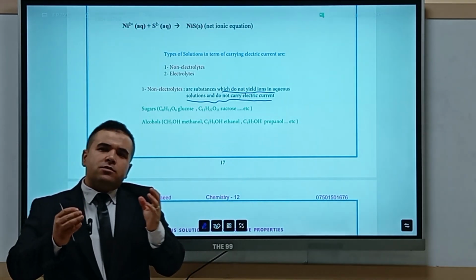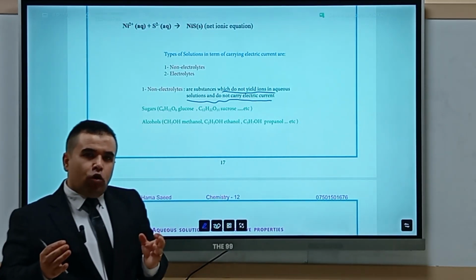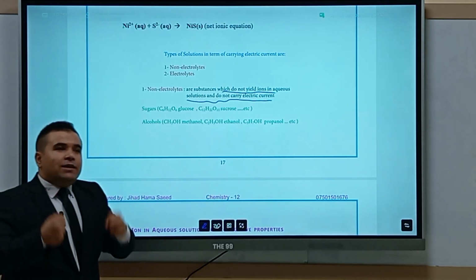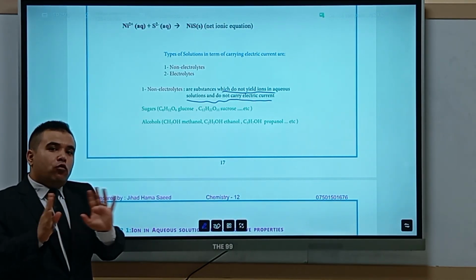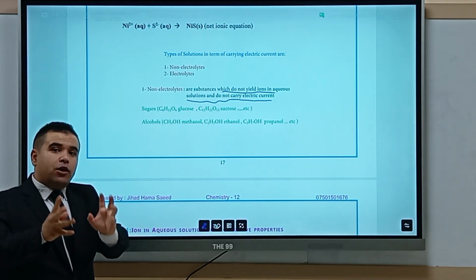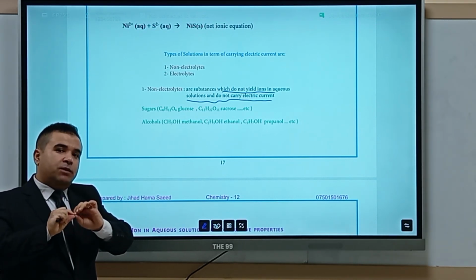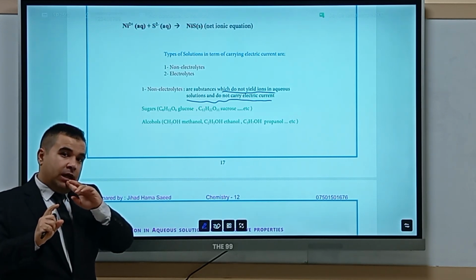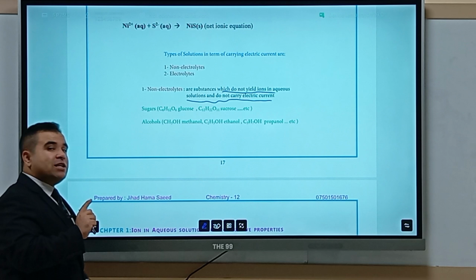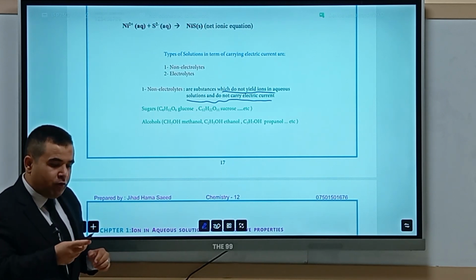Of course, those substances must be polar to dissolve and form solutions. When they dissolve, they will not form ions. So when there are no ions in the solution, the solution becomes a non-electrolyte which has no tendency to carry electric current.